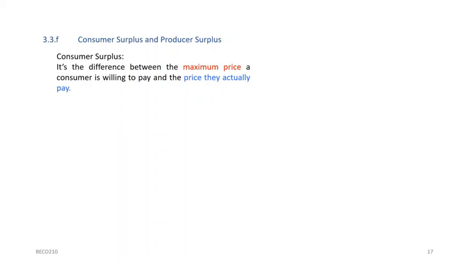You had in mind to pay maximum $300. You went to the store and you found the one you had in mind priced at $250. The difference between the $300 you were willing to pay and the $250 you actually paid is $50. This is what we call a consumer surplus.